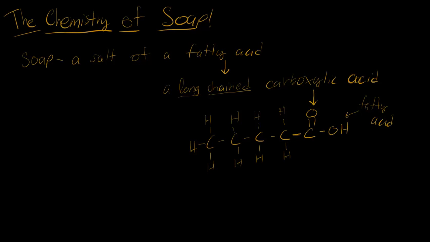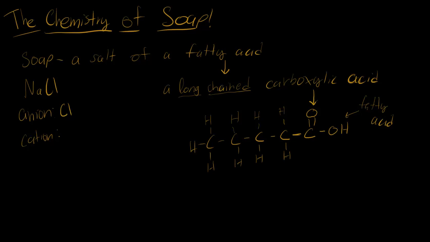So what is a salt of a fatty acid? Well, we know sodium chloride is an example of a salt. But in chemistry, what makes sodium chloride a salt? Well, a salt is anything simply with an anion and a cation, right? An anion is something with a negative charge.